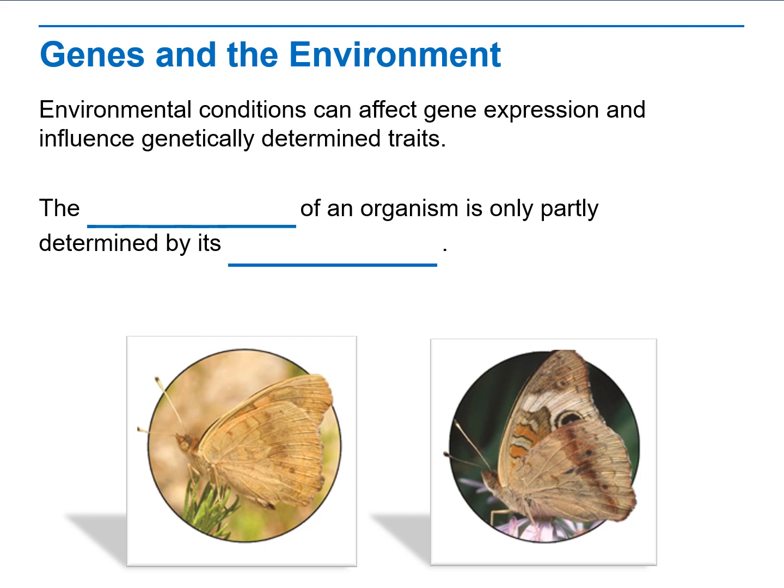The pictures here are not western white butterflies. They are, in fact, buckeye butterflies. And buckeye butterflies show a similar pattern. They're darker in the summer than they are in the autumn. The characteristics of any organism, whether plant, fruit fly, or human being, are not determined solely by the genes that the organism inherits.